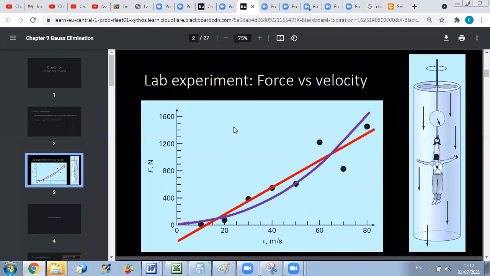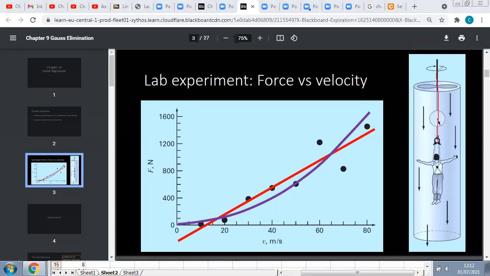To start with, whenever we do experiments, we just get discrete points. We don't get functions. But if we need to give a general result that can be extrapolated, consider the following experiment: you have an occupant held by a cable, and we put an airflow blowing on it.